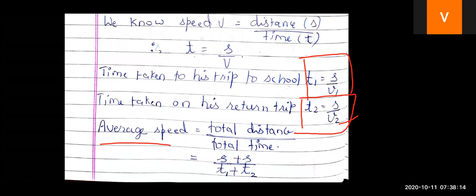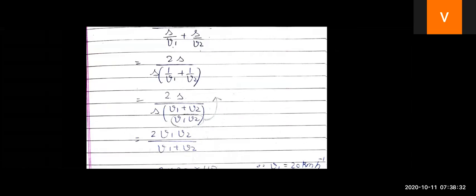So average speed is total distance by total time, which is equal to total distance S plus S, and total time T1 plus T2. Now we will put this value of total time over here, and let's see what we are getting.